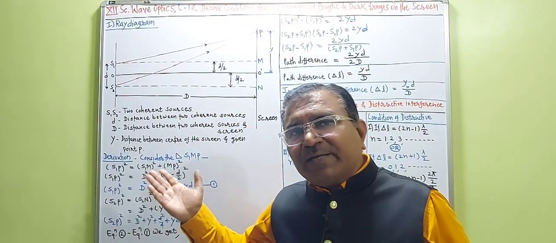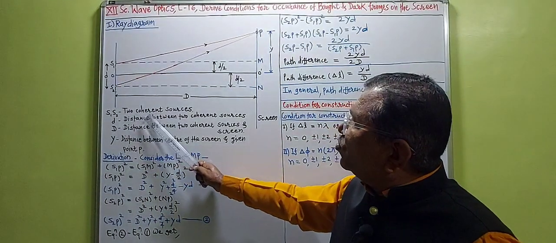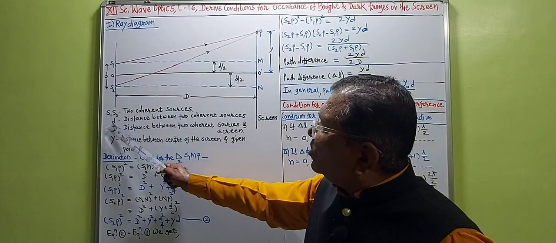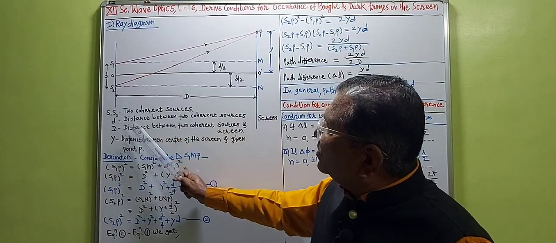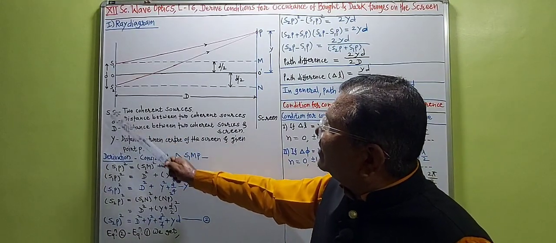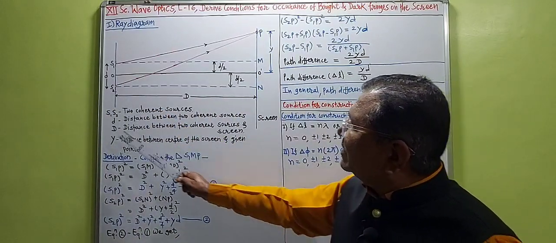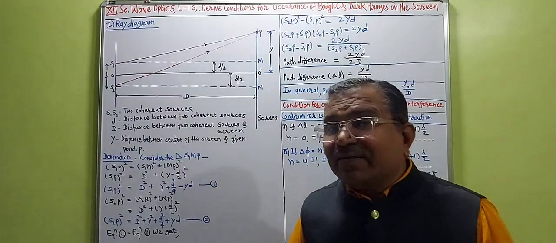I have made labeling below the diagram. S1, S2, two coherent sources. Small d, that I have already told you, is the distance between the two coherent sources. Capital D is nothing but the distance between the two coherent sources and the screen. And what is Y?